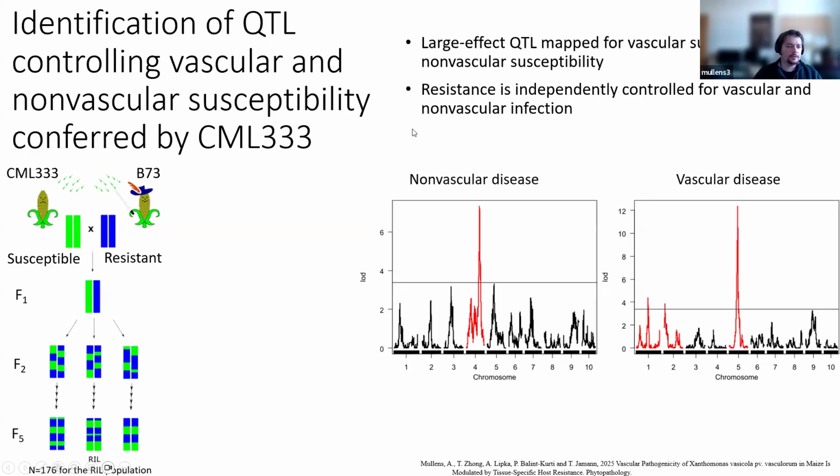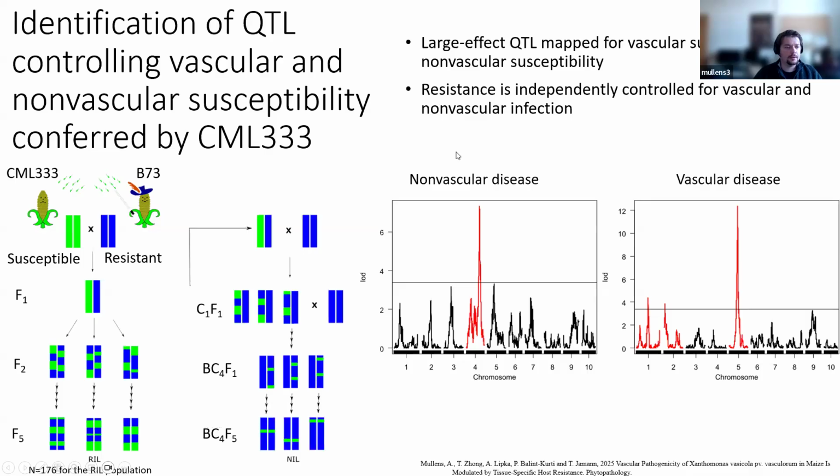And then to try to confirm these two large effect QTL that look interesting, we turned to a previously existing near-isogenic line population and selected lines that had introgressions that overlapped with the large effect QTL of interest.